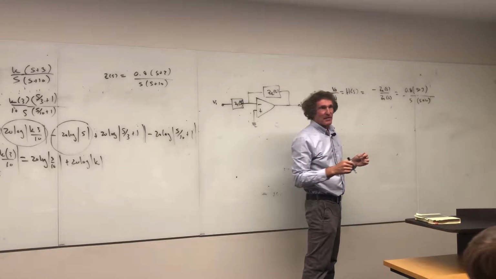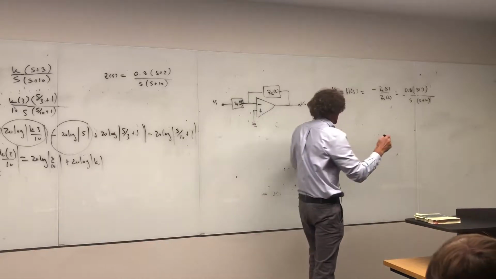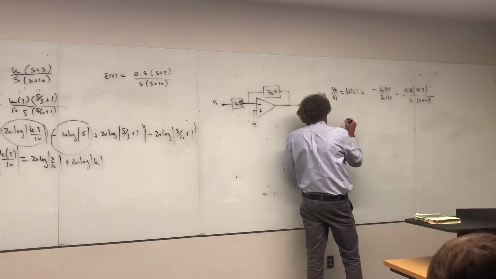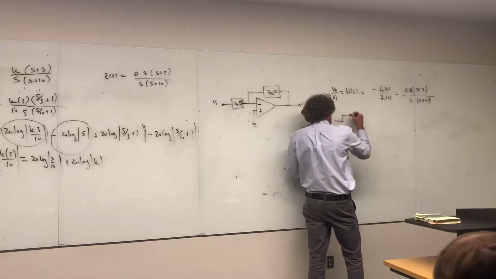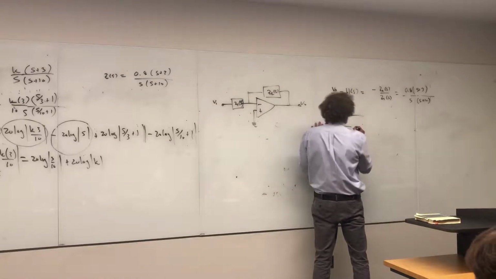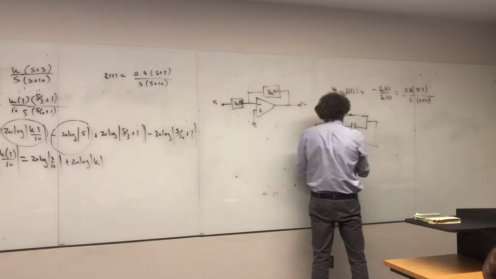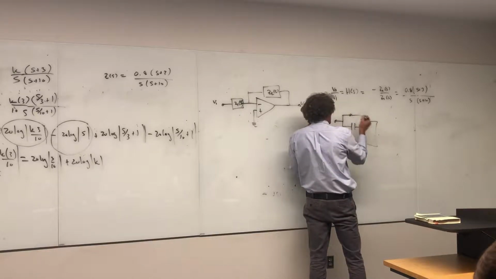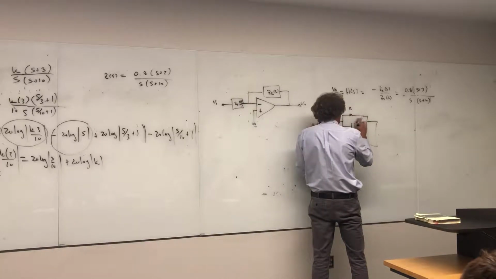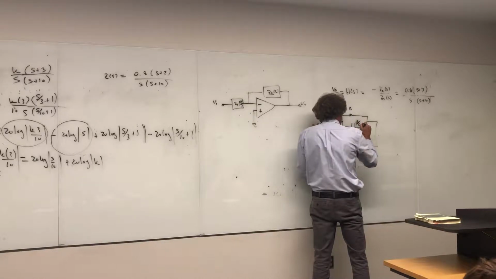This is something I think everybody has seen before. When you have a resistor in parallel with a capacitor, you take a look at the impedance of these two, R and C. You know the impedance of the capacitor is going to be 1 over CS.